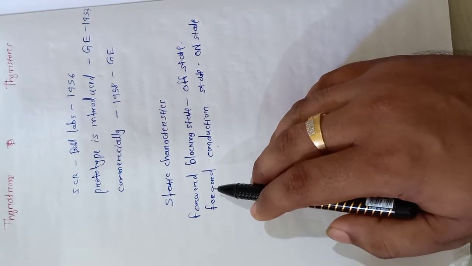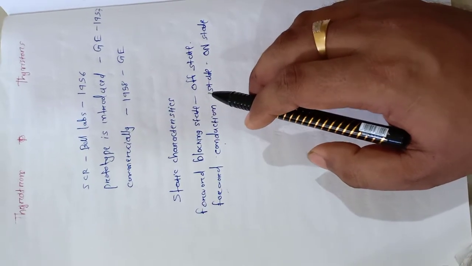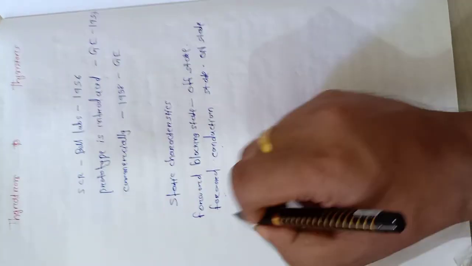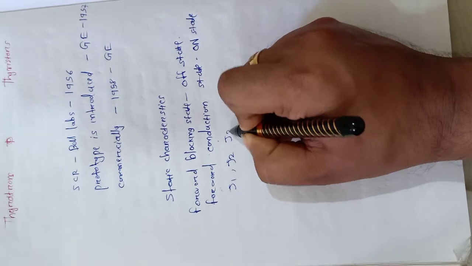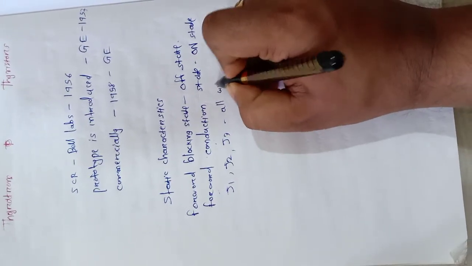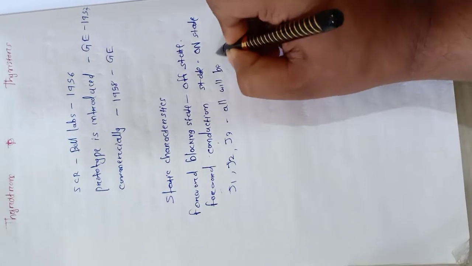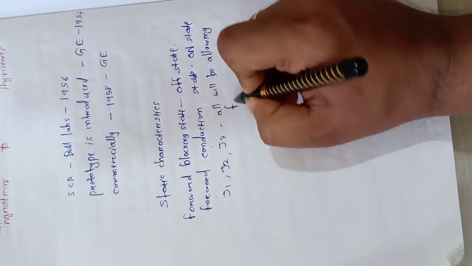So what is forward conduction state? In forward conduction state, J1, J2 and J3 junctions all will be allowing flow of current.